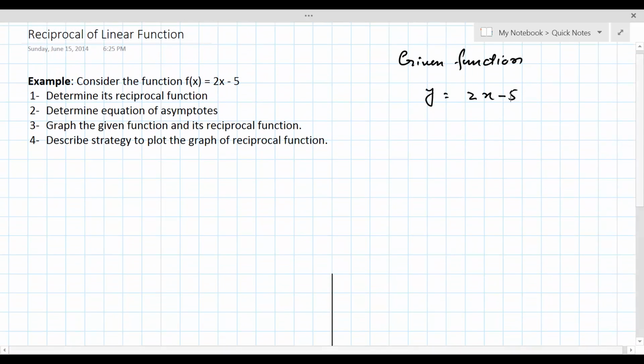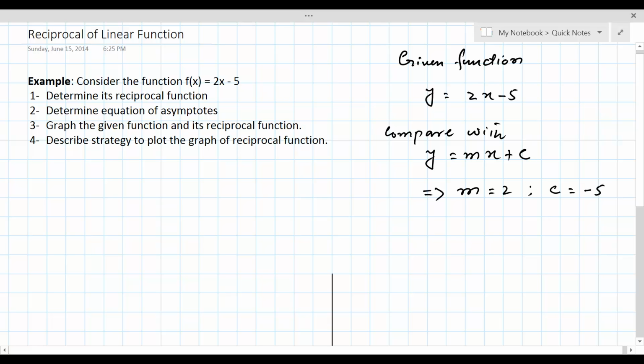If we compare it with the slope-intercept form y is equal to mx plus c, this means slope m is equal to 2 and y-intercept c is equal to minus 5.